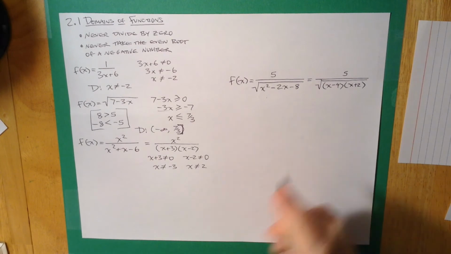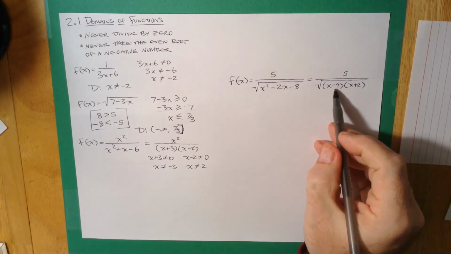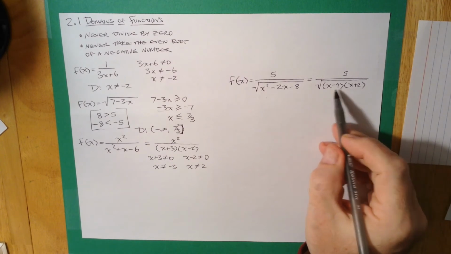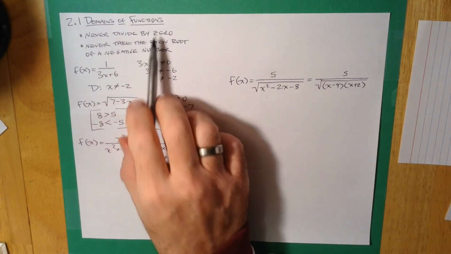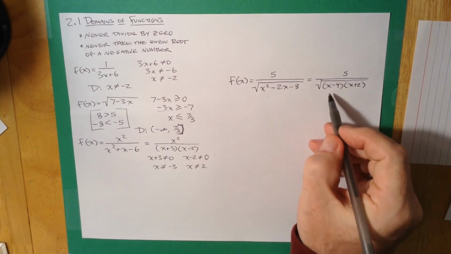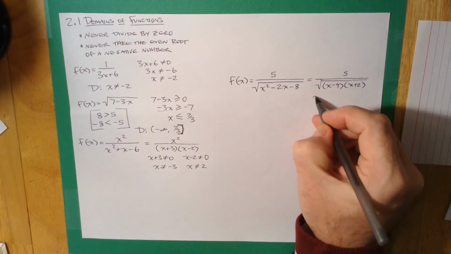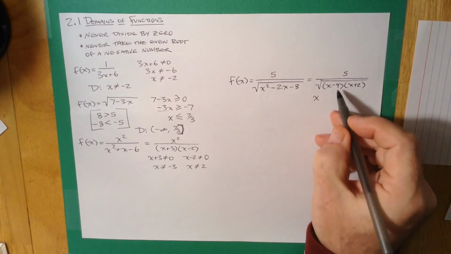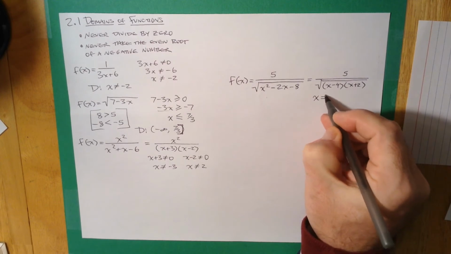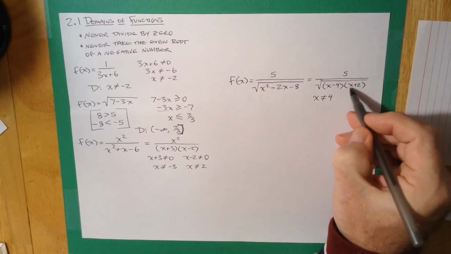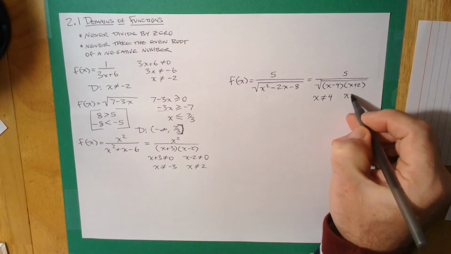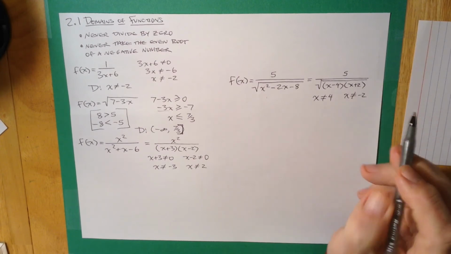Well, we certainly can't let x minus 4 be 0, nor can we allow x plus 2 to be equal to 0, because those are in the denominator. We've got to make sure that this is never equal to 0. So right away, x minus 4 can't be 0, so adding 4 to both sides, x can't be 4. And if x plus 2 can't be 0, then if we subtract 2 from both sides, we get x can't be equal to negative 2.